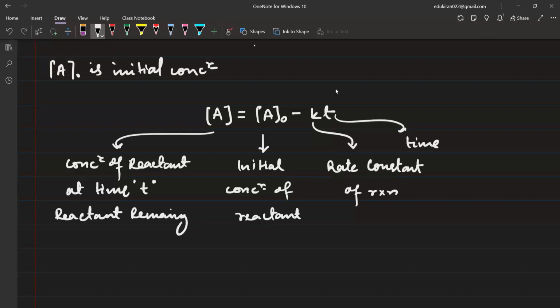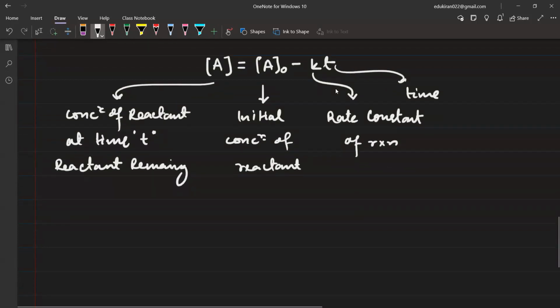These are very important. Now, next part that is very important: half-life.